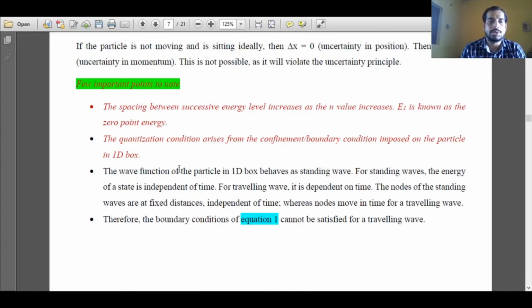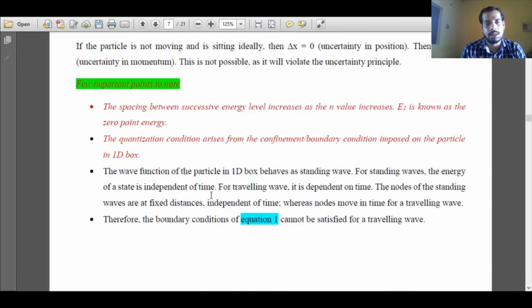The third point of importance is that the wave function of a particle in a one-dimensional box behaves as a standing wave, because the particle is confined. It cannot go below 0 or above L; it is confined in the region 0 to L. Such confinement gives rise to standing waves, and for standing waves, the energy of a state is independent of time.